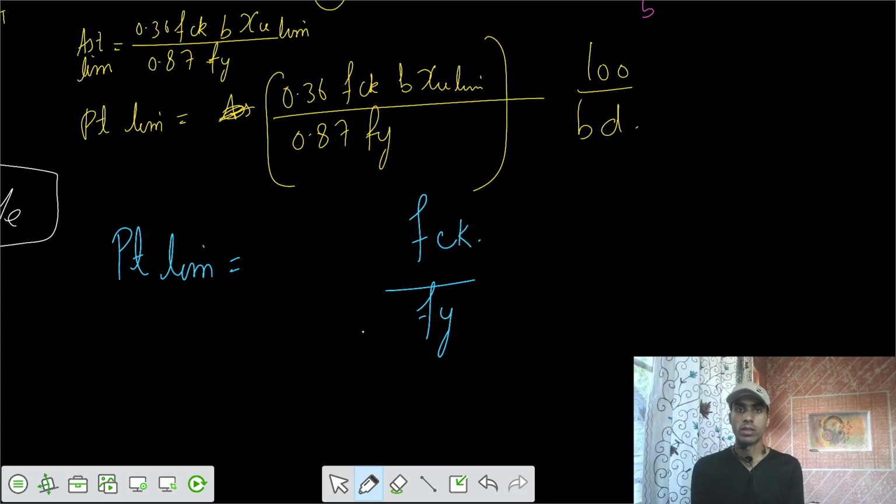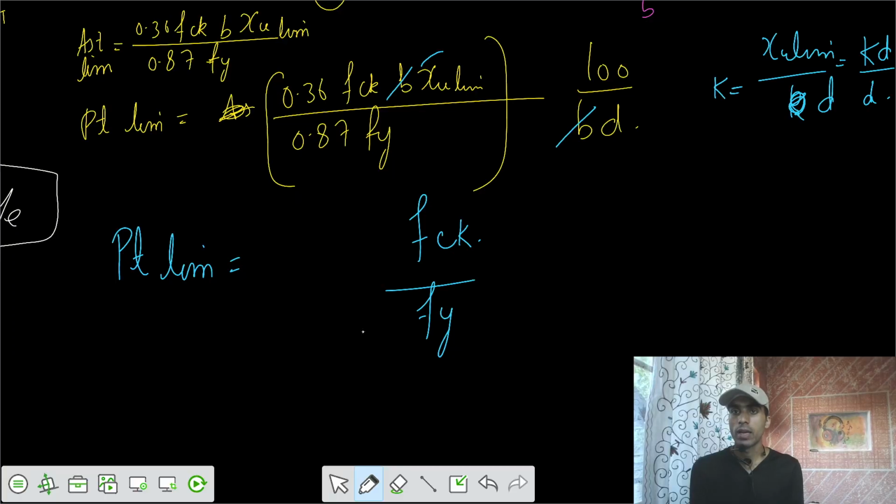B gets cancelled, and we are left with XU limiting by D. We know that XU limiting itself equals KD, so the overall value equals K.